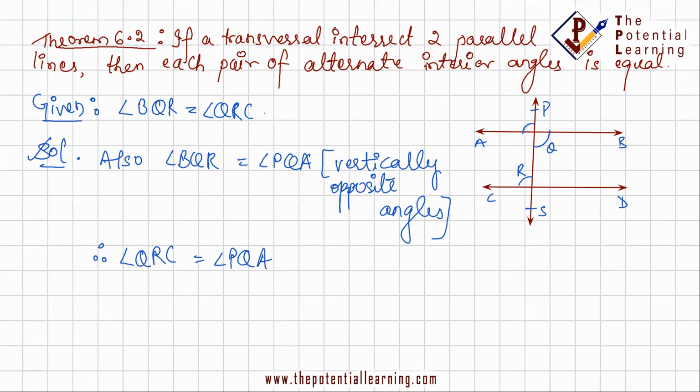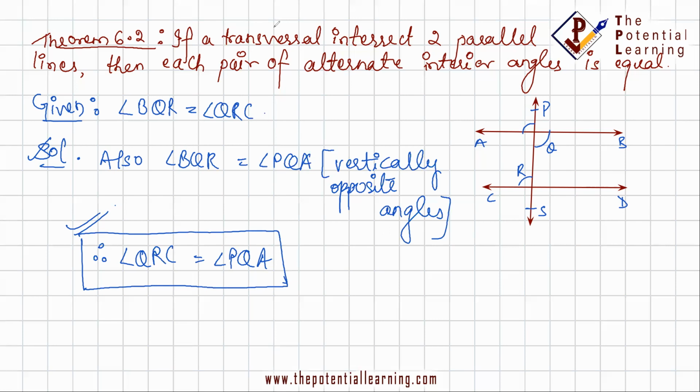Okay, this one, right? So this is the proof. Do you understand the point? These are vertically opposite, so with that, and this is given, so with that we proved this point. Okay, so this is the theorem 6.2.